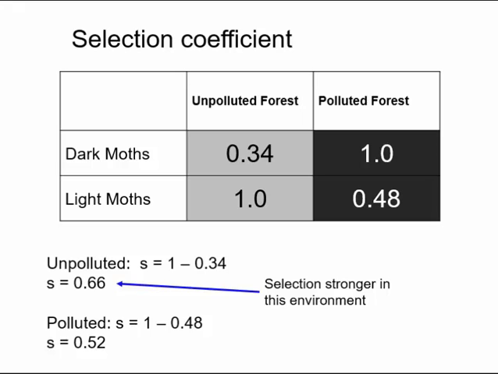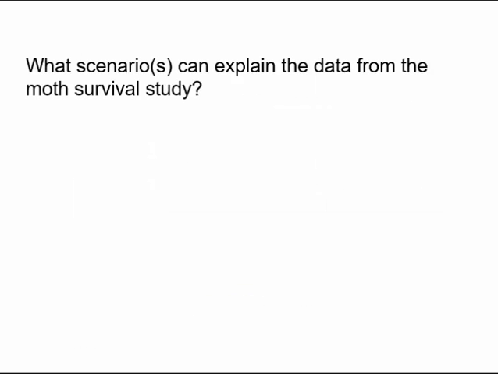And we can express that as a selection coefficient. All we're doing here is subtracting 1 minus 0.34 or 1 minus 0.48. And we see the selection coefficient is much higher. That means selection is stronger in these unpolluted environments versus polluted. Again, we're always comparing one thing to another. Okay, so what scenario or scenarios can explain these data?